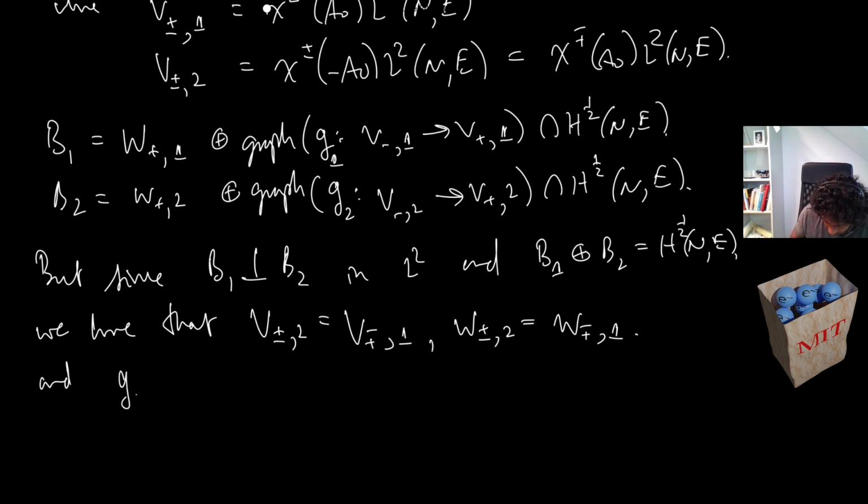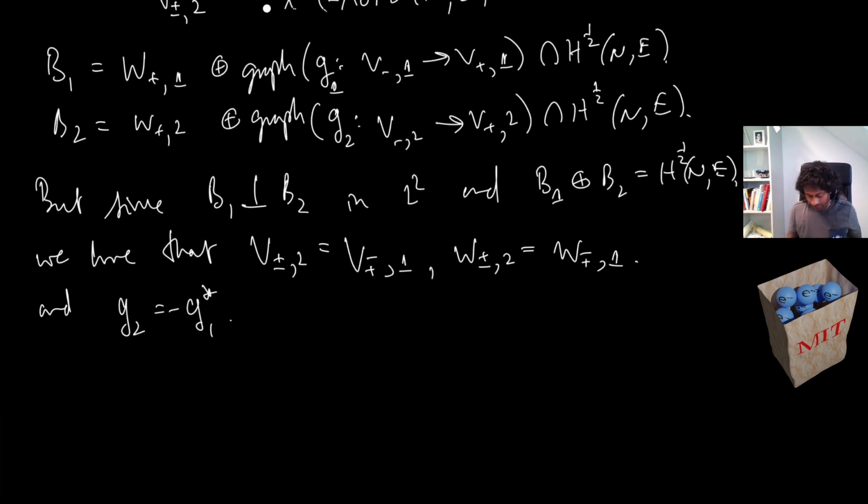And G_2 is equal to negative G_1 adjoint.